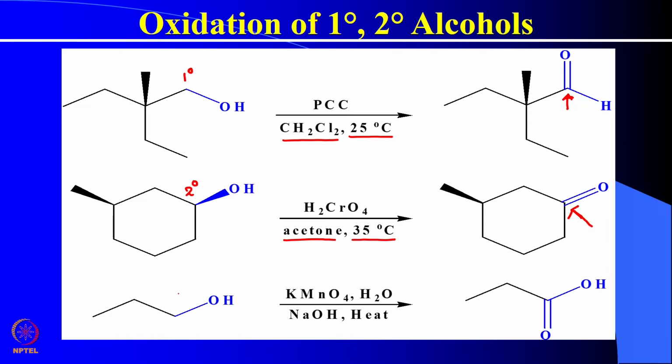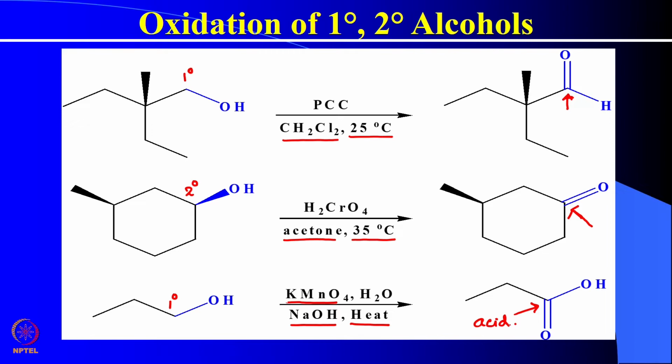On the other hand, if you just use 1 degree alcohol and use potassium permanganate in alkaline medium and heat it, that is aqueous KMnO4 heated with sodium hydroxide solution, this 1 degree alcohol is then converted to the corresponding carboxylic acid.